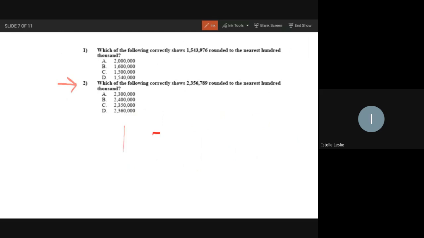What stays the same is the one at the 100,000 position. You have already looked at 4, so you replace it with 0. The only ones that stay the same are the digits to the left of your place value. So is that clear, Sierra? Yes, yes, thank you.